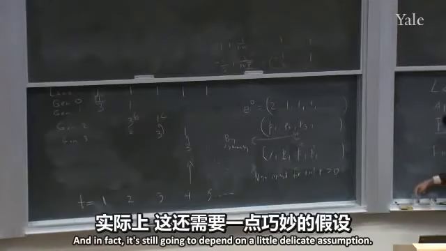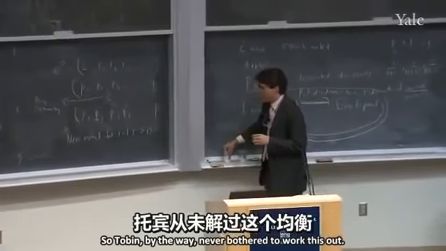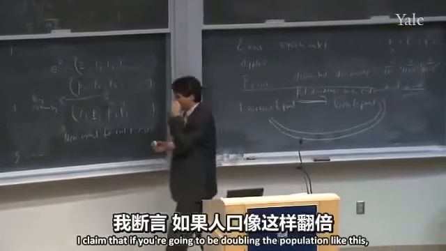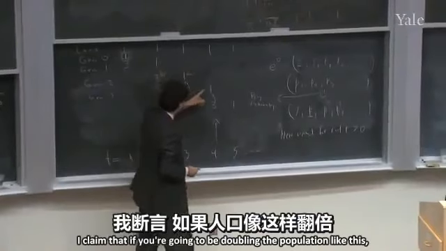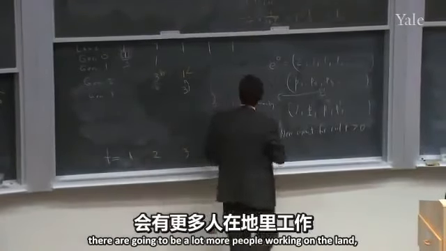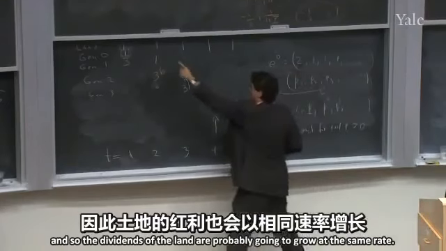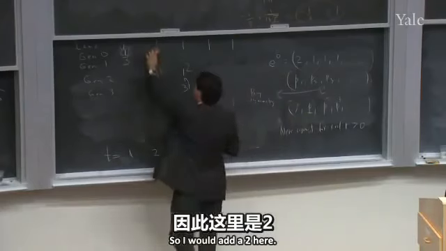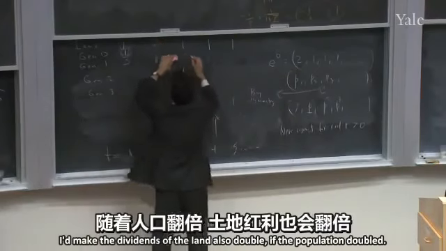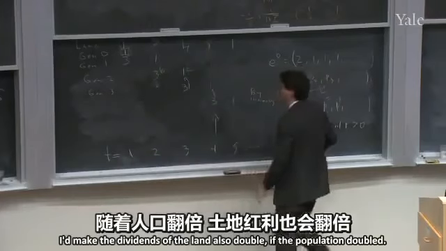And in fact, it's still going to depend on a little delicate assumption. So Tobin, by the way, never bothered to work this out. I claim that if you're going to be doubling the population like this, there are going to be a lot more people working on the land, and so the dividends of the land are probably going to grow at the same rate. So I would add a 2 here. I'd make the dividends of the land also double if the population doubled.